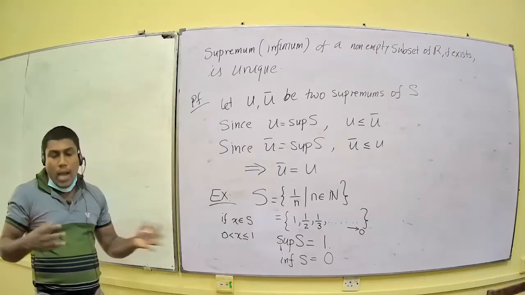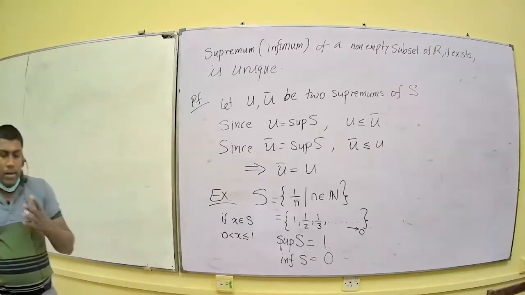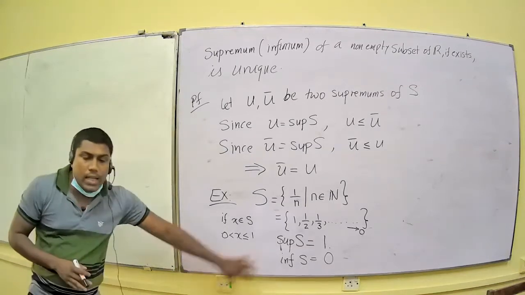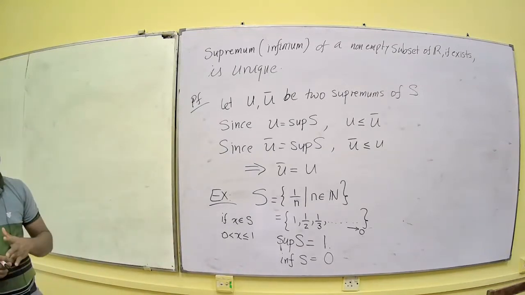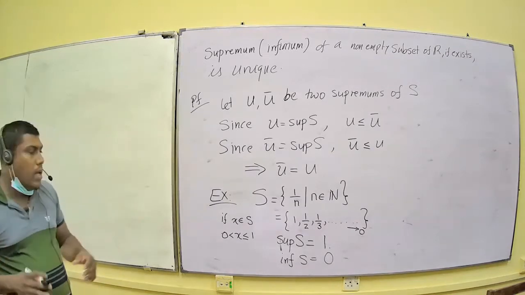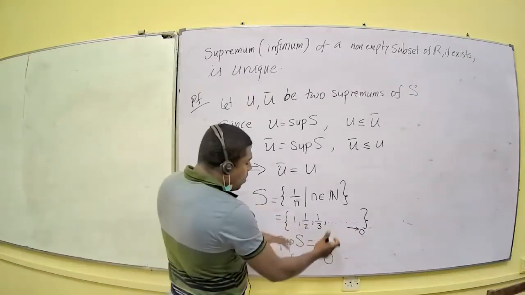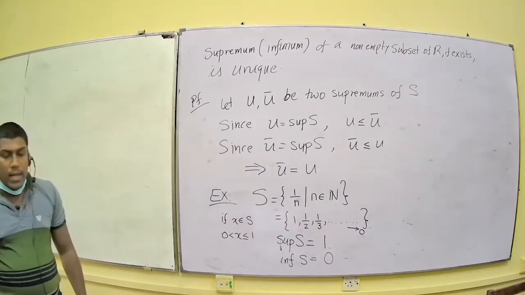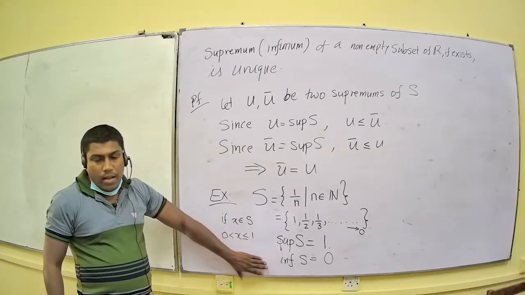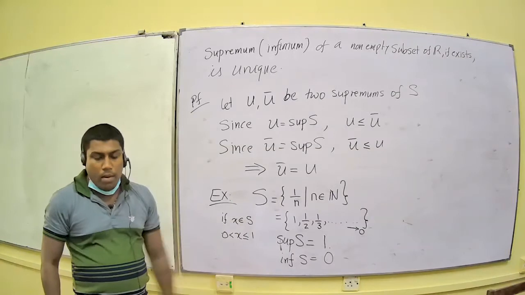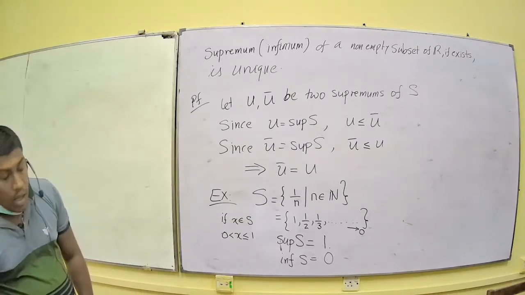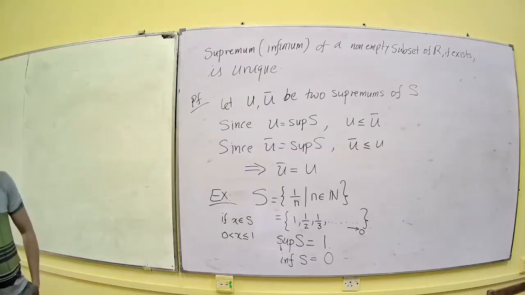Later on, I will teach you how to mathematically argue that this is the supremum and this is the infimum. But as of now, just to see how the supremum and infimum appear in a set, we can consider this example and see that the supremum is 1 and the infimum is 0 for this set.